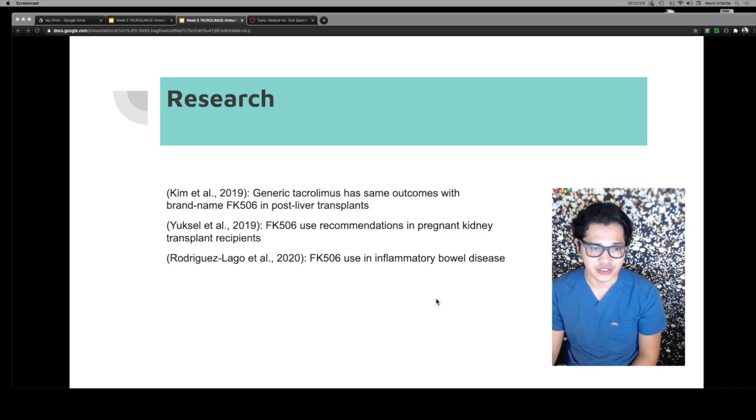Another one by Yüksel and colleagues made recommendations for tacrolimus use during pregnancy in kidney transplant recipient mothers. And lastly, tacrolimus has shown some short-term clinical response in patients with inflammatory bowel disease.